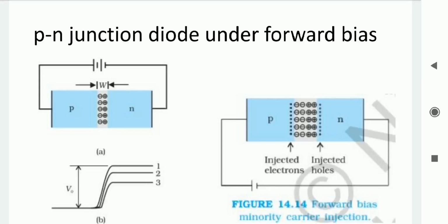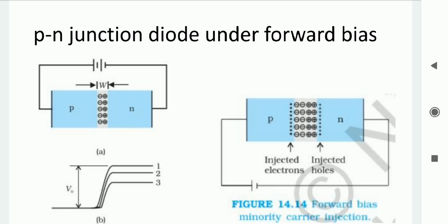So this kind of biasing is known as forward biasing. This applied voltage will drop across the depletion region, and the voltage drop across the P side and N side is very much less. Here initially, while we start to increase the voltage from 0, current won't flow due to the depletion region.